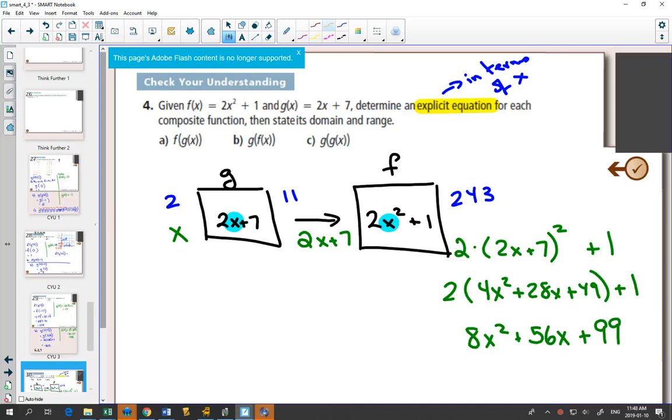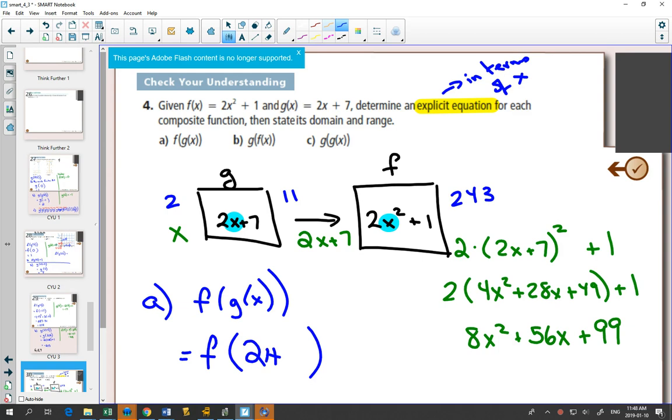So it's fine. Okay. So now this, you're not going to draw the boxes and the machines every time, but I think drawing the machines helps you see how it's working, right? You're plugging something in, something comes out. What is the notation and how does it look when we're showing our work? So when I'm doing f of g of x, this is equal to f of, well, what happens when you plug an x into g of x? Out comes 2x plus 7.